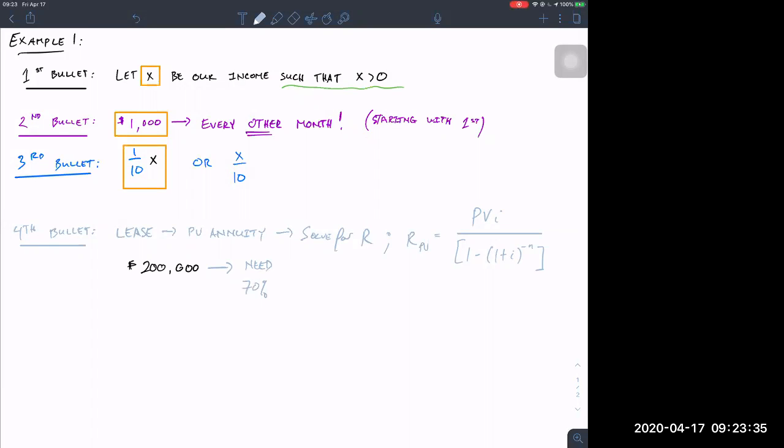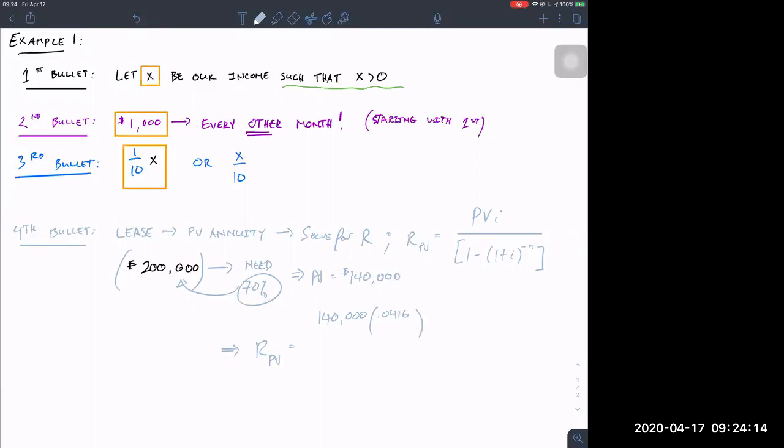So that means that your present value is not 200,000, but it's actually 70% of this, right? So it's basically 200,000 times 0.7, and that's equal to $140,000 right there. So that implies now, if you're going to plug into the formula, it should look like this. The present value is not 200,000, but 140,000.